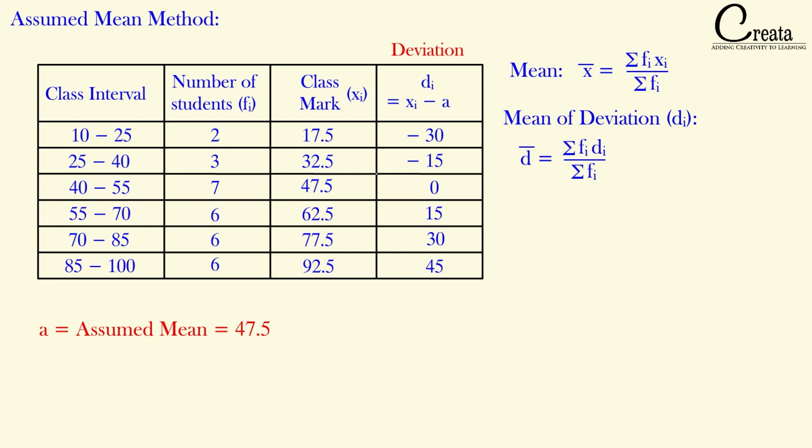Let's see. So d bar we got as sum of fi into di upon sum of fi. And what is di? Di is the deviation, which is the observation minus our assumed mean.